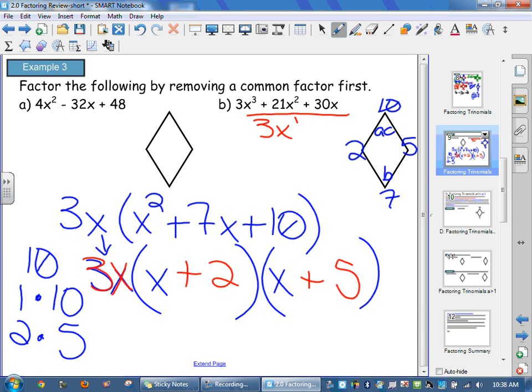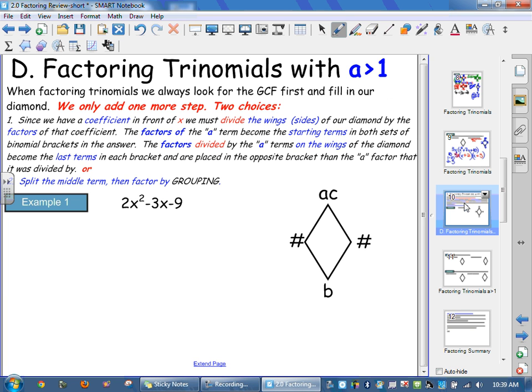All right. Now we're going to do all of this when A, the A number, we've been dealing with as 1. Now we're going to make A a different number. We're going to make them bigger than 1. So what happens if A is bigger than 1? Well, we have to follow a few steps. And the only thing that's different this time, everything's the same, is once we find our wing numbers here on the left and the right of our diamond, we need to divide by the factors of A. So when we start our brackets, that's my A. So 2 is my A. So you have to factor 2.